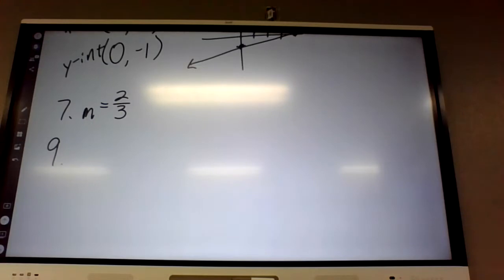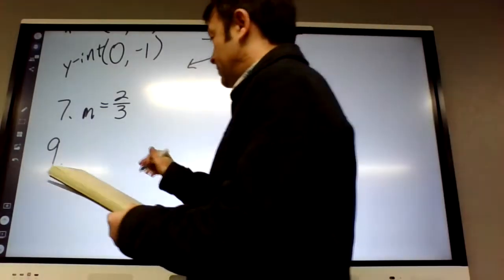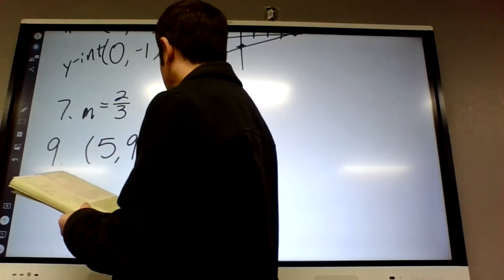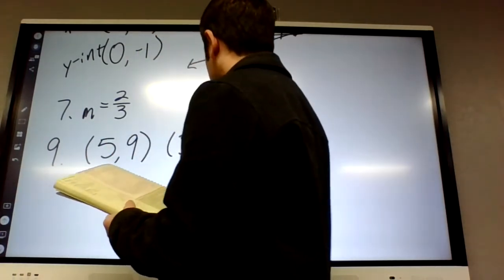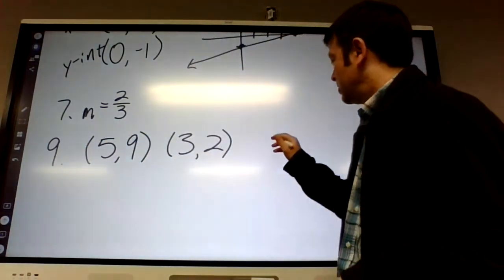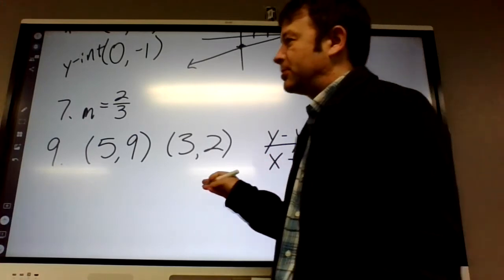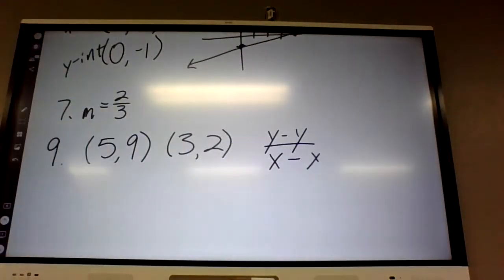Okay, number 9. Paxton, do you remember how we found the slope between 2 points that are not graphed? 5, 9, and 3, 2. Oh yeah, you're like y minus y. Yep. Y minus y over x minus x. It's called the slope formula. It's right here.